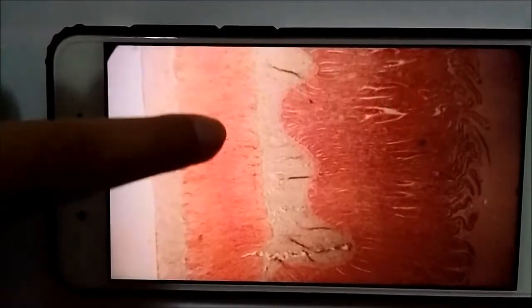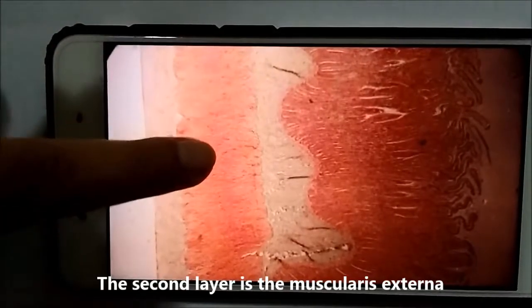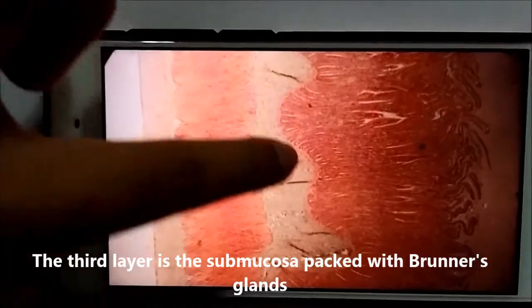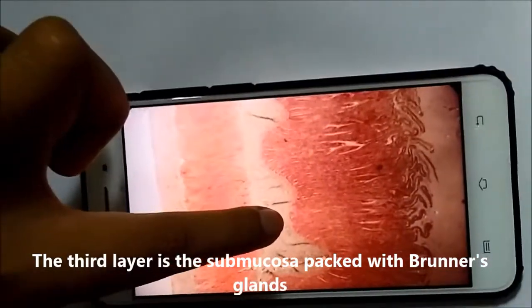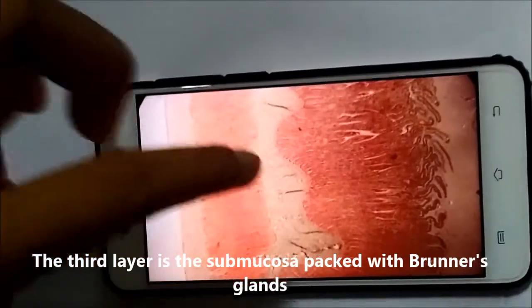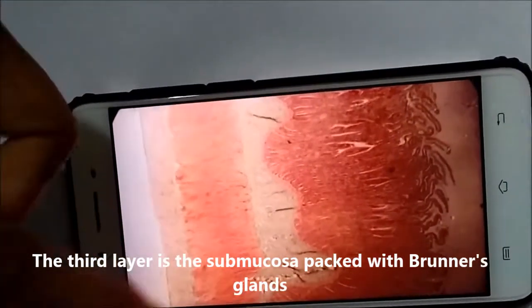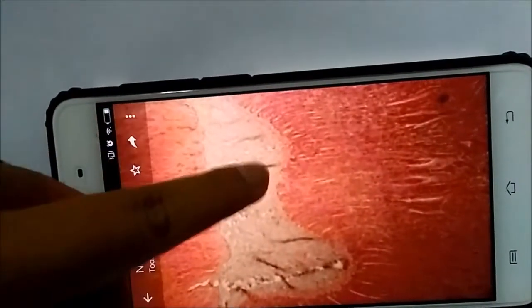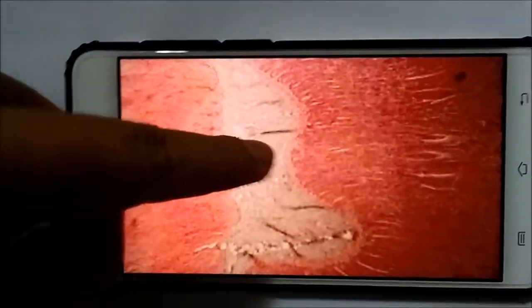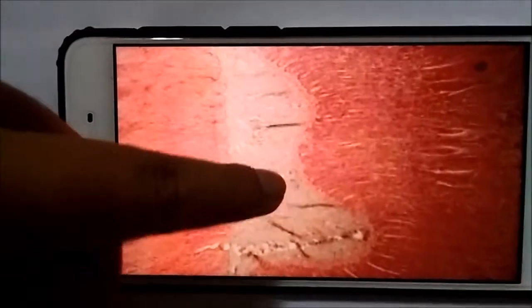The second layer is the muscularis externa. The third layer here is the submucosa packed with Brunner's glands. As we zoom in here, the black thing here is a gland, and the rest is the mucosa.